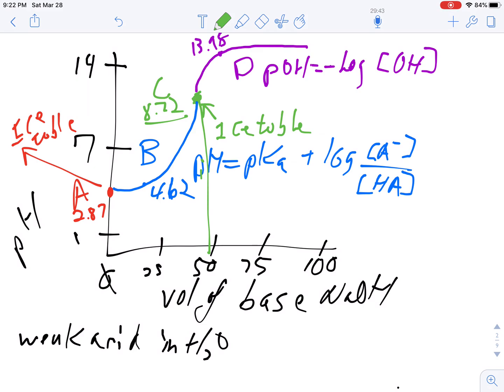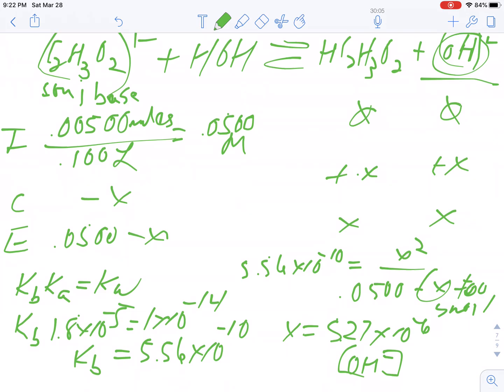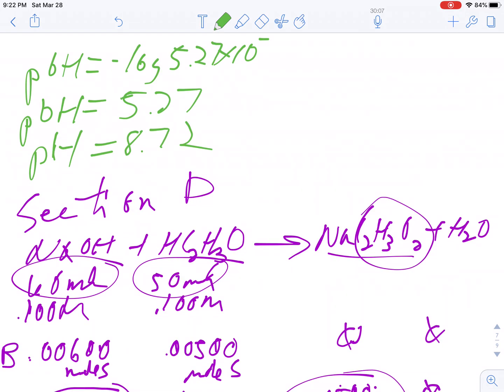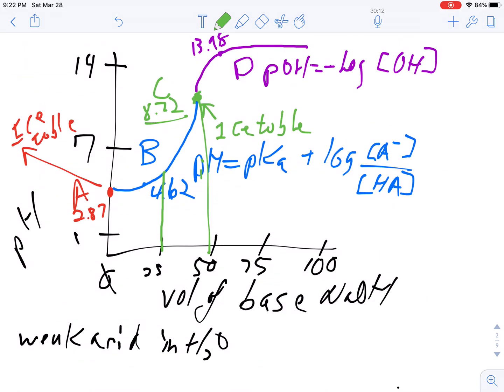There's another very special point, and that is halfway to the equivalence point. So if the equivalence point is 50, halfway would be 25. Why do we care about halfway to the equivalence point? Section B, we need to use blue.